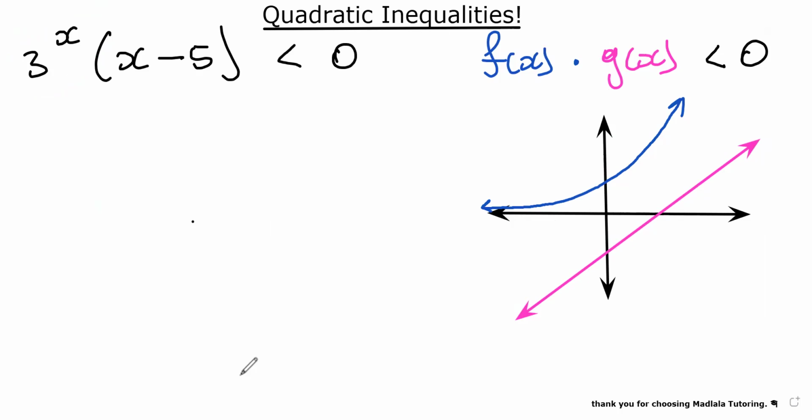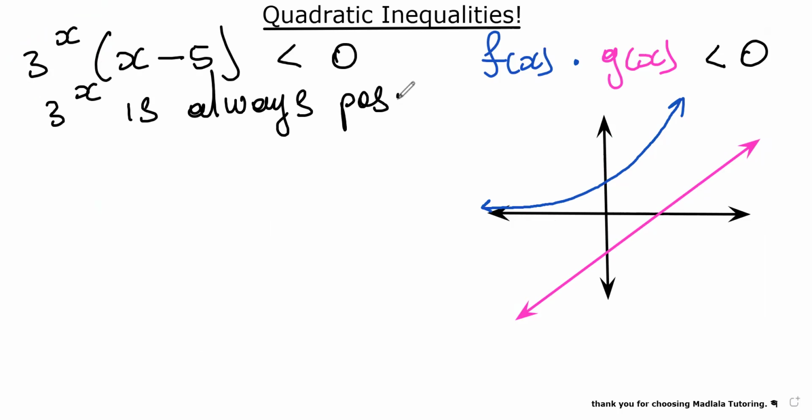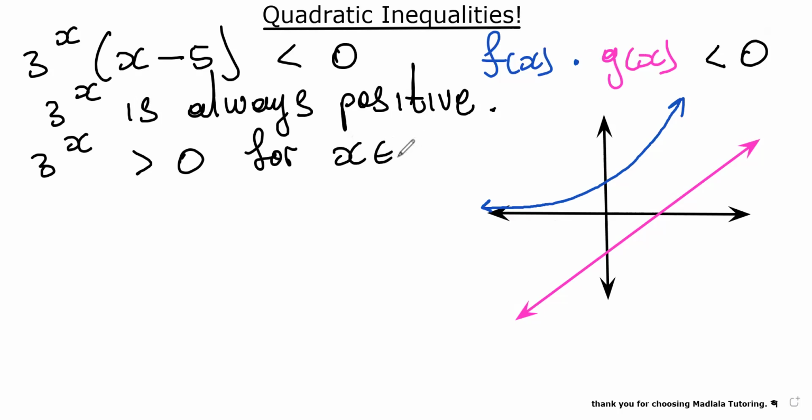So what I want you to tell them is, well, we can see that this function is always above the x-axis. So that's what you tell them. 3 to the x is always positive. This is one way of saying it, or you can say 3 to the x is greater than 0 for all values of x that are real.